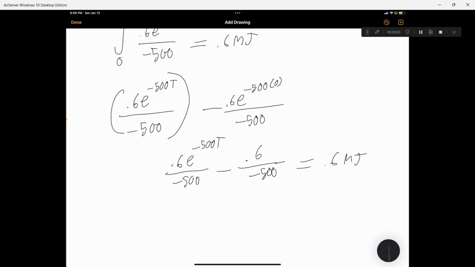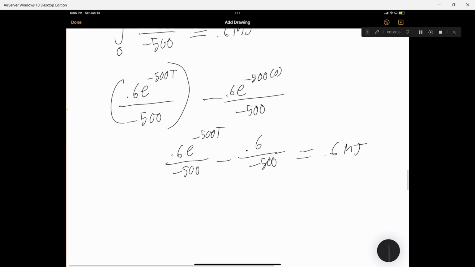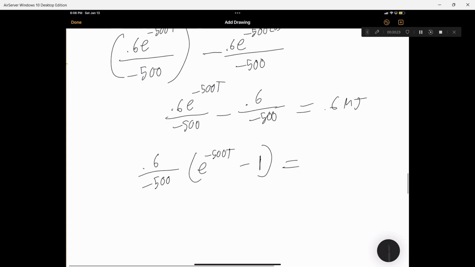All right, so we can see we could factor out 0.6 over negative 500. So then we're left with e to the minus 500 t minus 1 equals 0.6 millijoules.